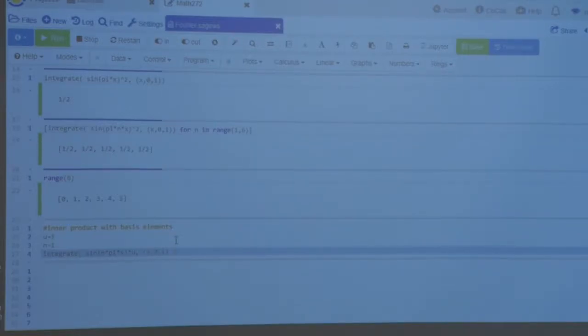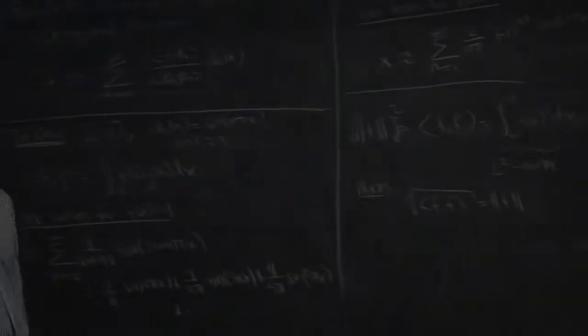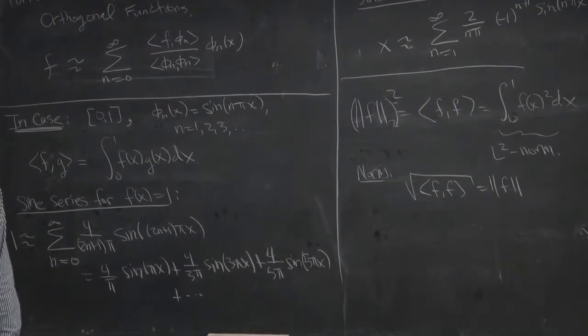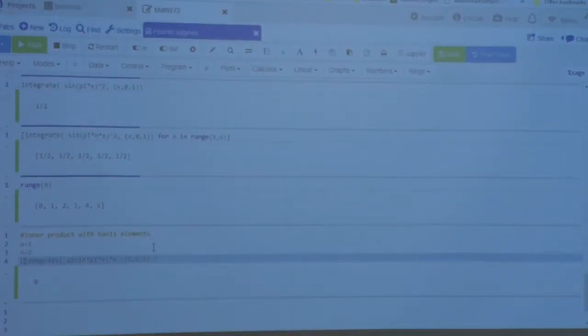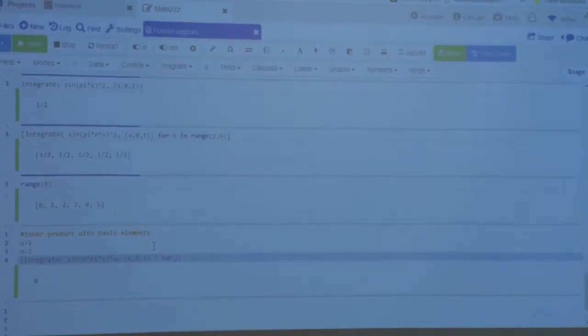This one should be 0, because it's the first coefficient. Oh, that's not 0. What have I done? Oh, sorry, this is an odd term. The odd terms are non-zero, the even terms are 0. So if n is equal to 2, that one's 0. We could even integrate this for n in range 1 to 20.